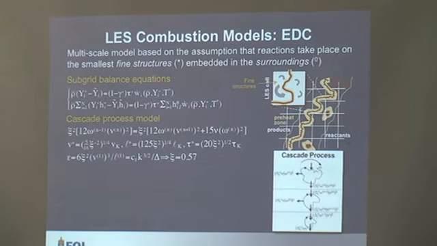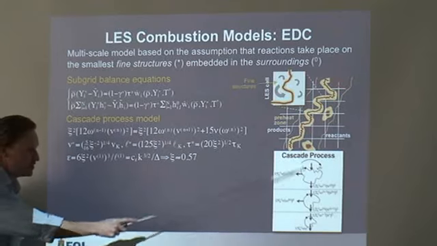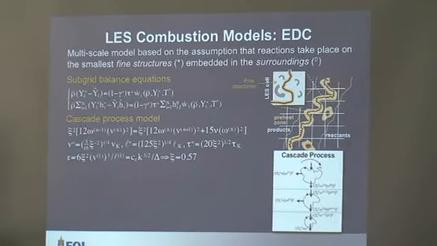What Magnusson then did was that he worked on the cascade process model, which is very well described in the paper. So they have essentially a model of the cascade process that is coupled to the inertial subrange process. And from that, they deduce velocity, length, and time scales associated with these small-scale fine structures.